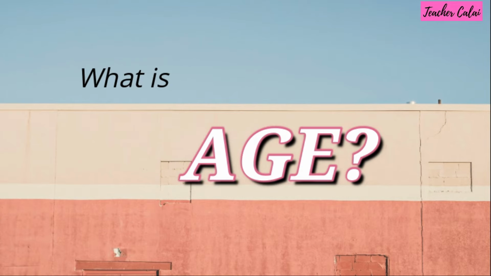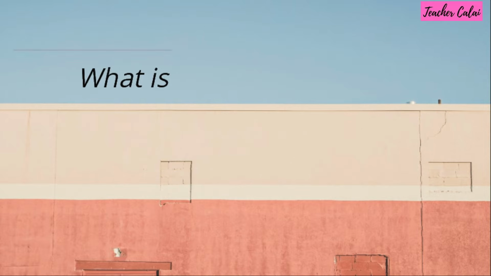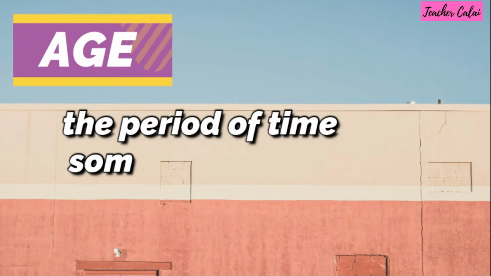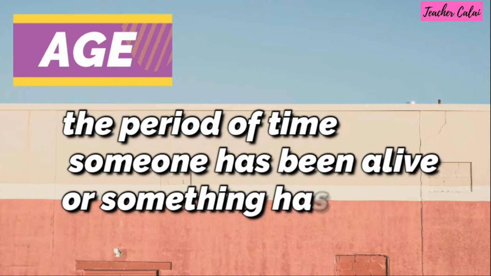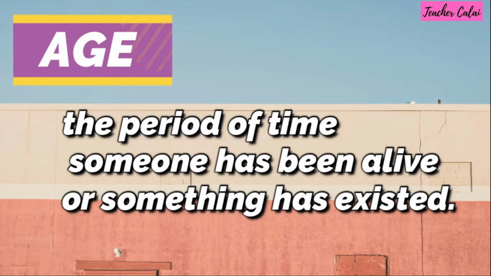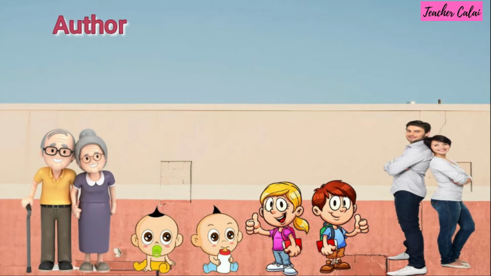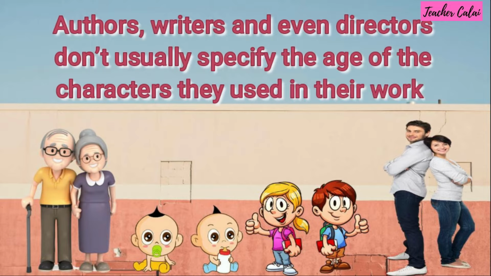What is age? When we say age, based on the dictionary, it means the period of time someone has been alive or something has existed. But authors, writers, and even directors don't usually specify the age of the characters they use in their work.